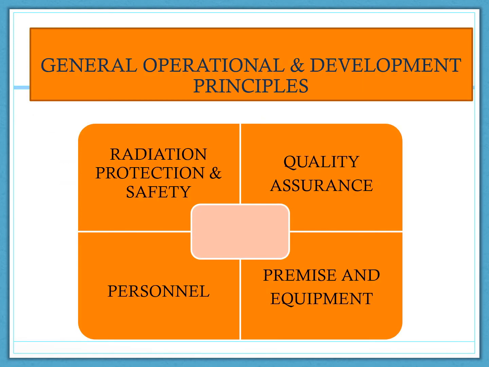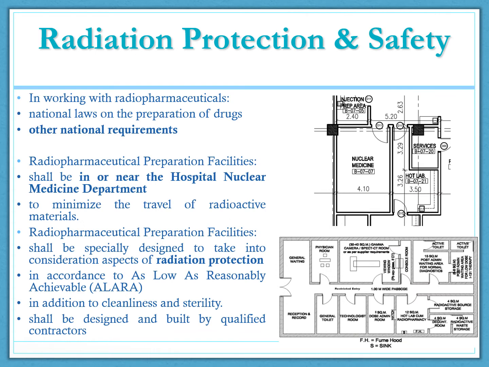In terms of general operational and development policy principles, it needs to cover radiation protection and safety, the quality assurance of the radiopharmaceuticals that are going to be prepared, the requirements on the premises as well as the equipment, and the personnel working there need to be competent and have proper training that they have undergone.